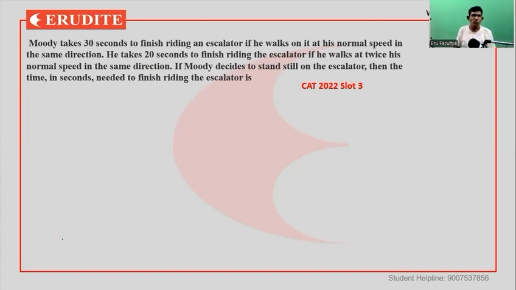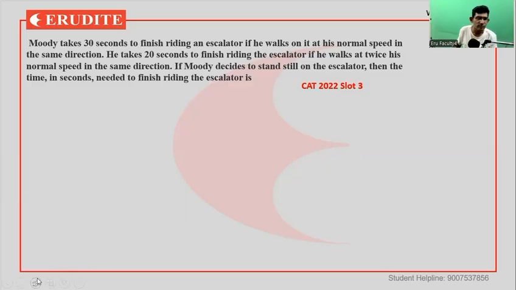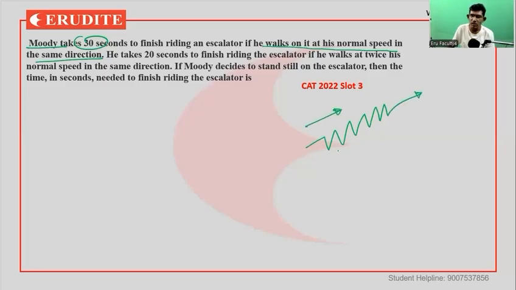It says Moody takes 30 seconds to finish riding an escalator if he walks on it at his normal speed in the same direction. So this is the escalator, moving in this direction, and Moody is also moving in the same direction at normal speed.